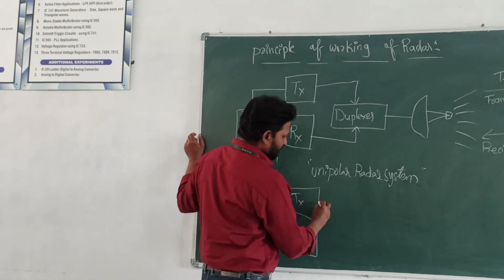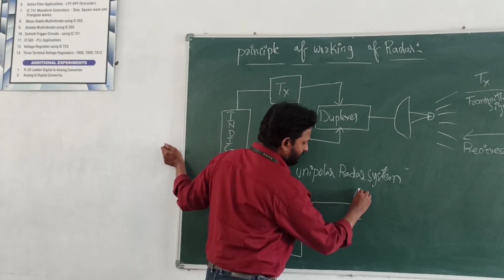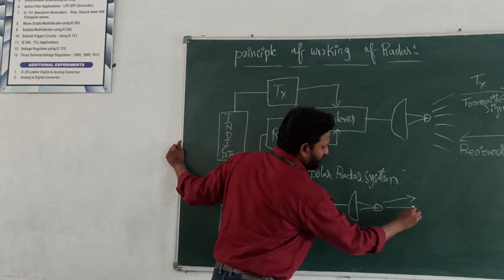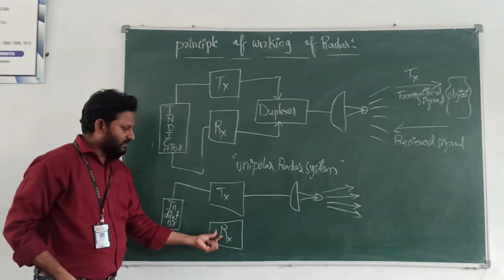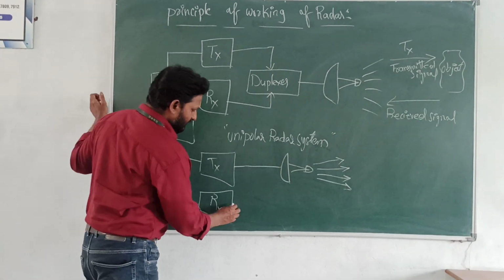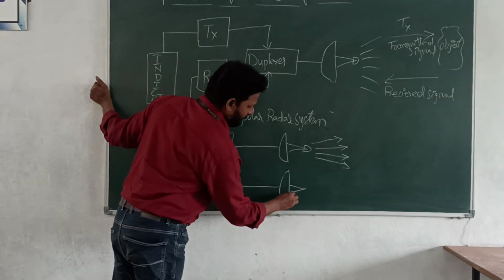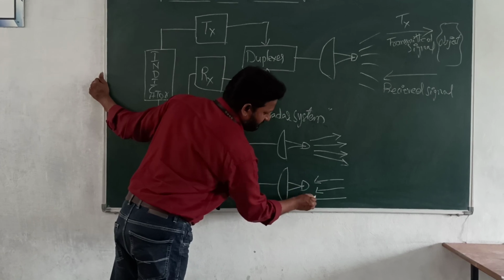The transmitting antenna is connected to one antenna that transmits the signal in the air. Again, the receiver is connected with another antenna that receives the signals, whatever signals are there.